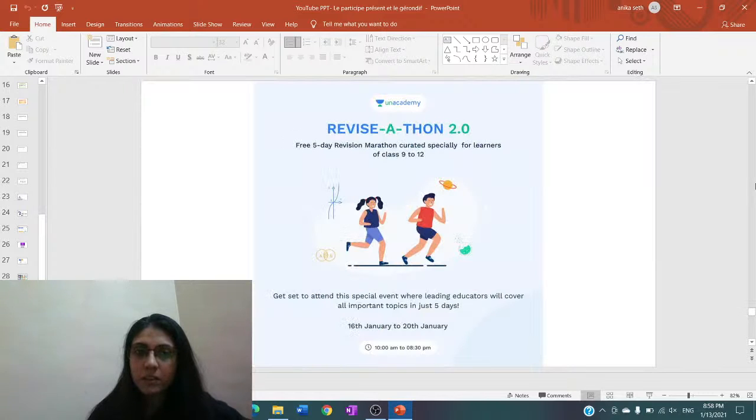Then there is a Revise-a-thon 2.0, a 5-day revision marathon, which is curated for the learners of class 9 to 12. This event will be from 16 January to 20th January, 10 to 8:30, so get set to attend the special event where leading educators will cover all important topics in just 5 days. So it's a revision marathon, like a crash course. In 5 days, you can learn all the important topics, and the date and the timings are mentioned on the screen.